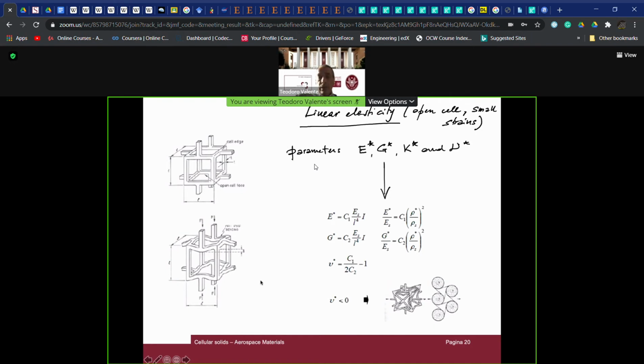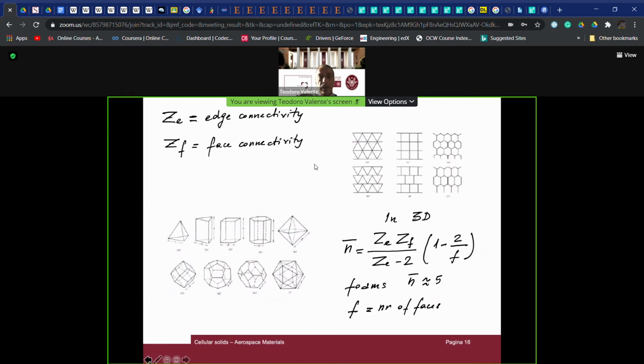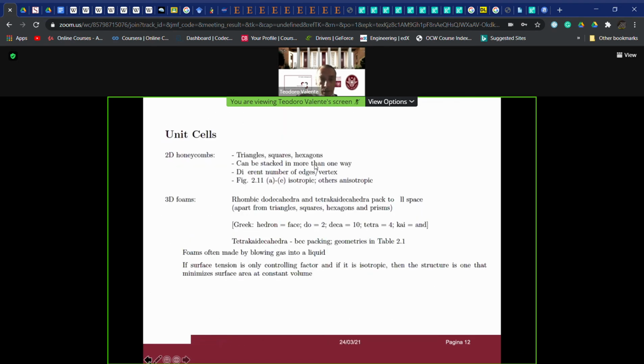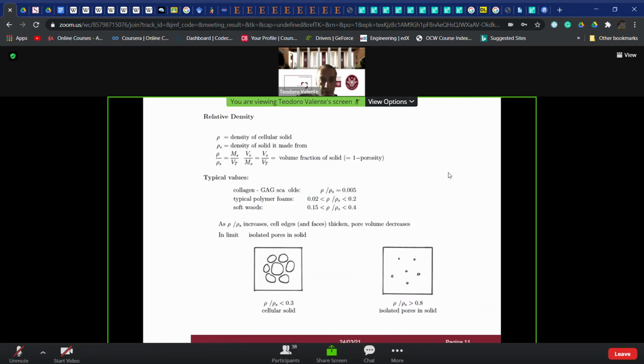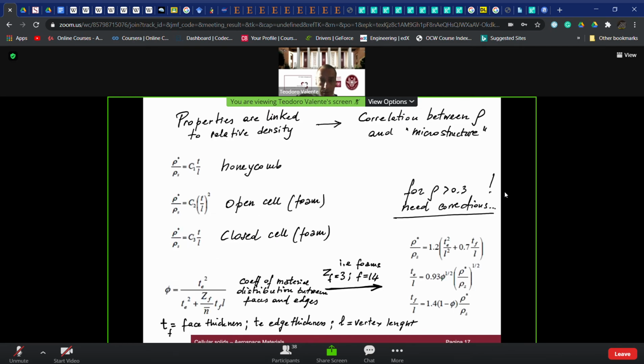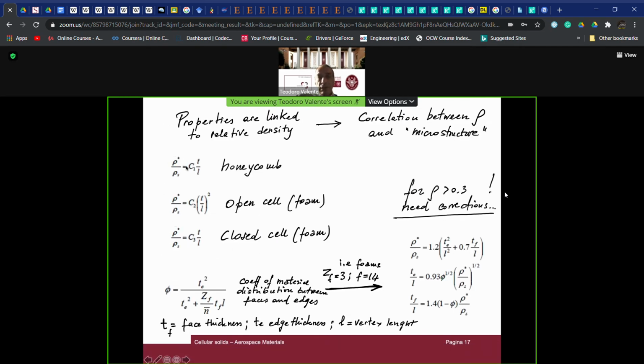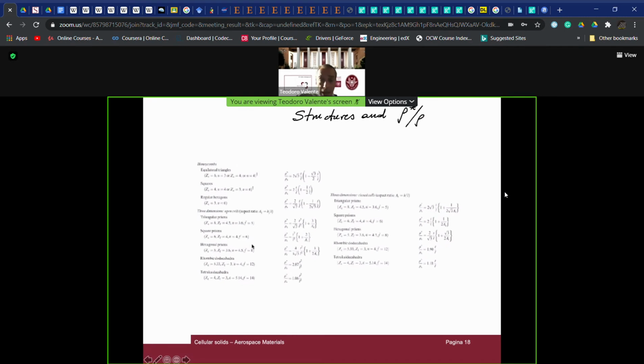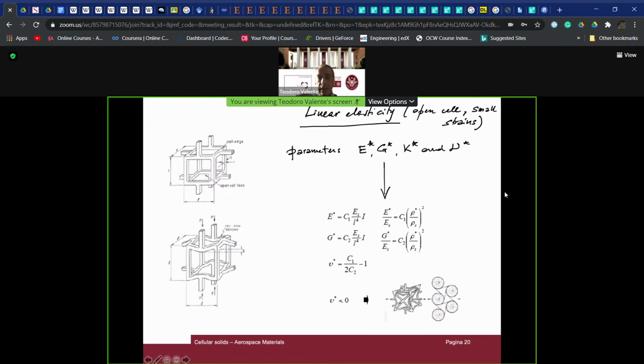So the reason why we put most attention on the definition of a general rule, which is possible between the ratio of the two densities according to the basic geometry of the cells, is that if we discuss, like here, the linear elastic behavior, having defined this ratio, we can estimate, knowing the properties of the bulk material, the Young modulus and the shear modulus of the cellular material itself.